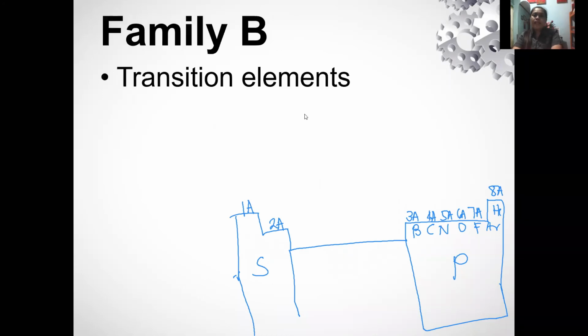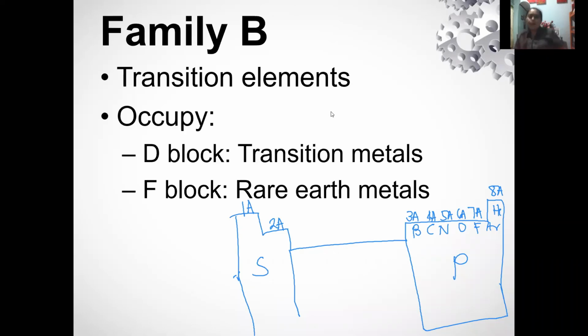Group or family. So pag family, class, ito yung vertical column ng ating periodic table. Si period horizontal. Ganyan. And then si family or group, pababa, we call it vertical column. And then yung family B natin, they are called the transition elements. Ano ang ino-occupy nila? They occupy the D block and the F block of the periodic table. So, ito yung D block.